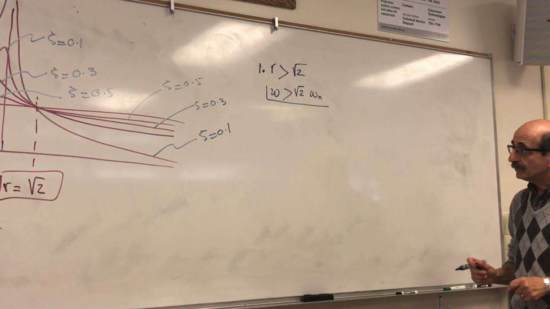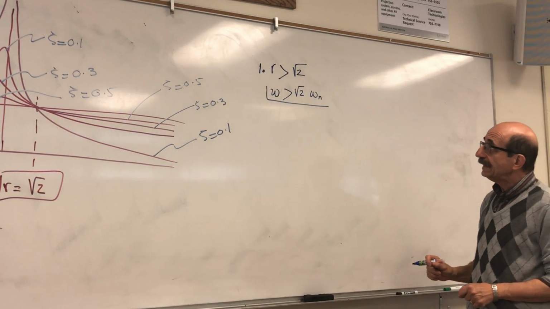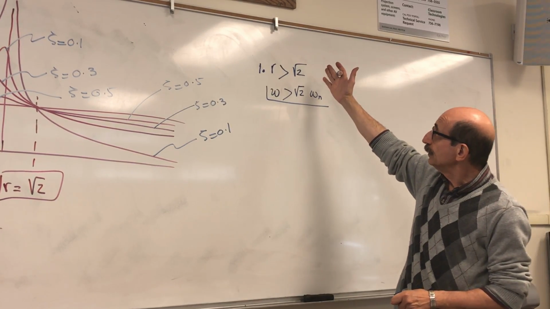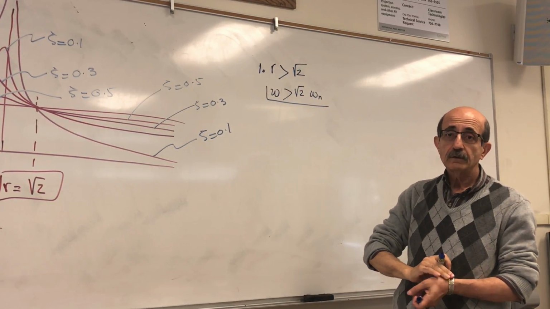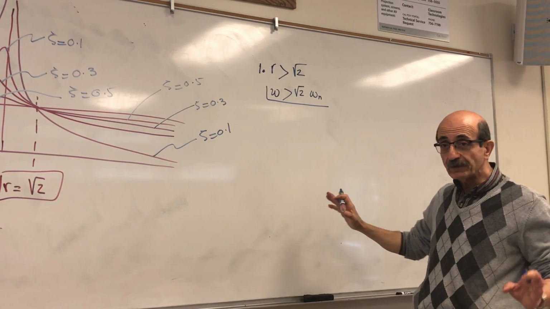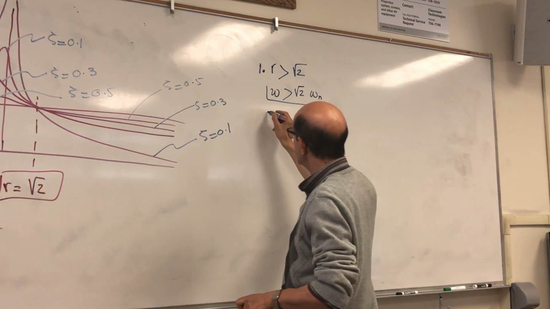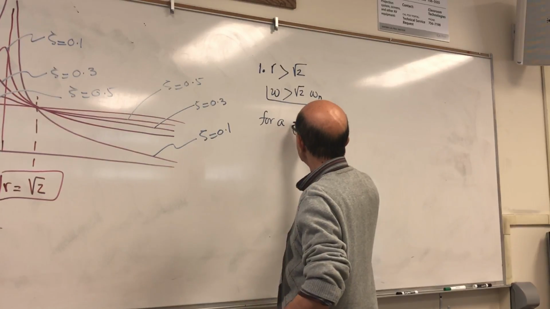What does that mean? That means the larger the value of r is, obviously for a given zeta, let me write it down.